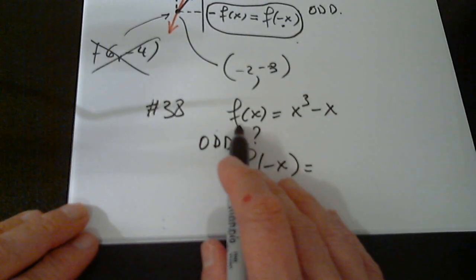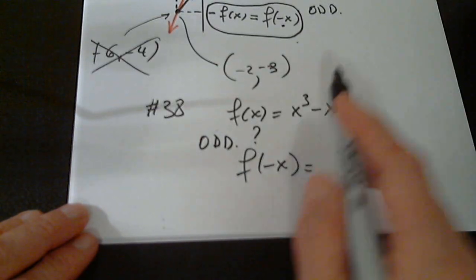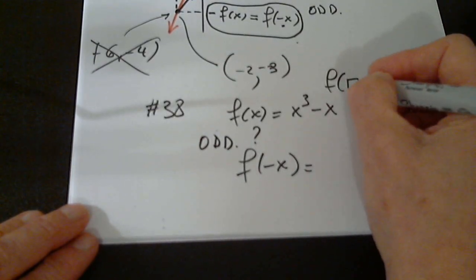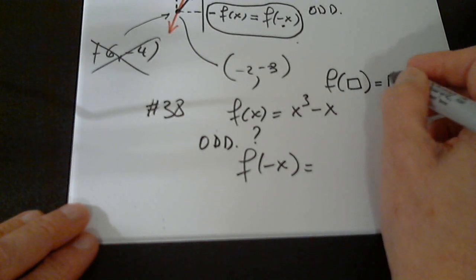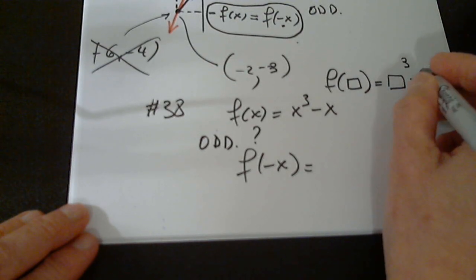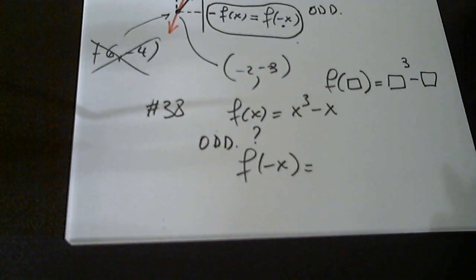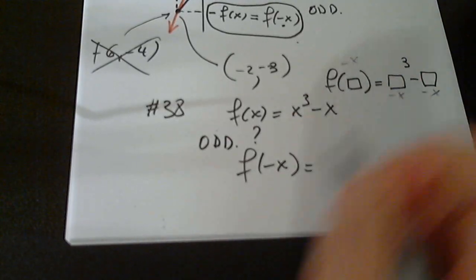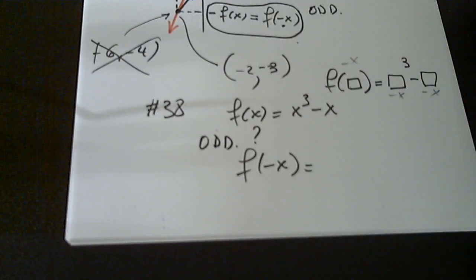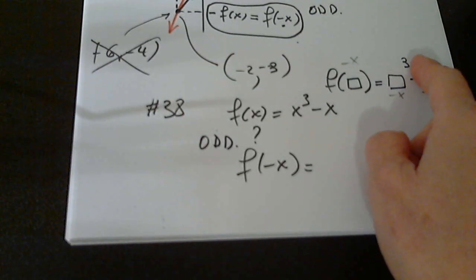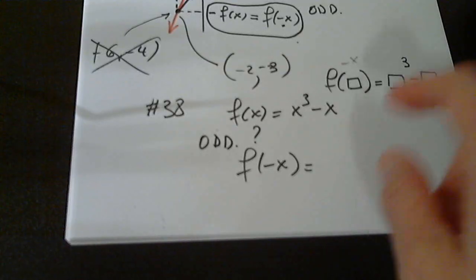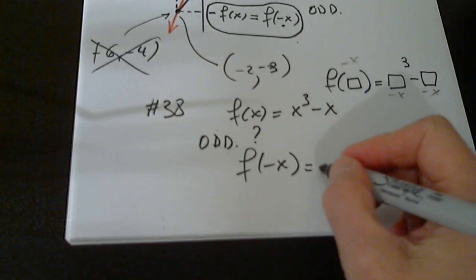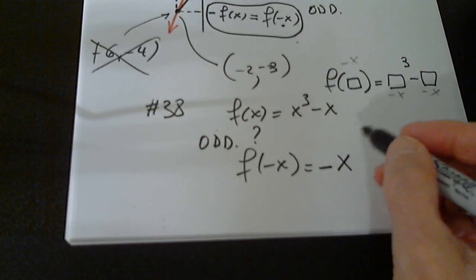First step first, I look at this and I say, oh, that's easy. The pattern is the following: whatever to the third minus whatever. So my whatever is negative x. Negative x to the third is negative x times negative x times negative x, which is a negative number, a negative sign, x to the third.